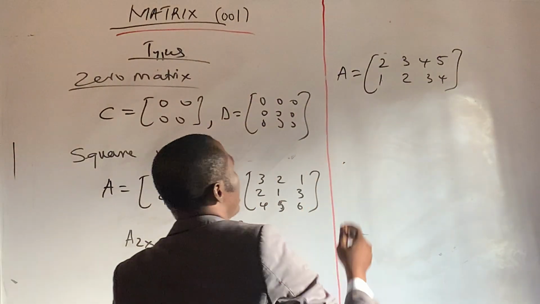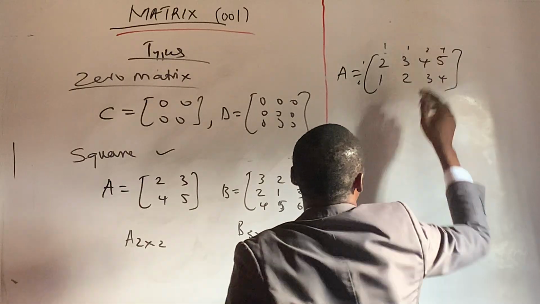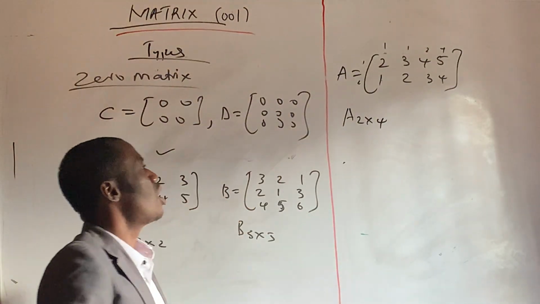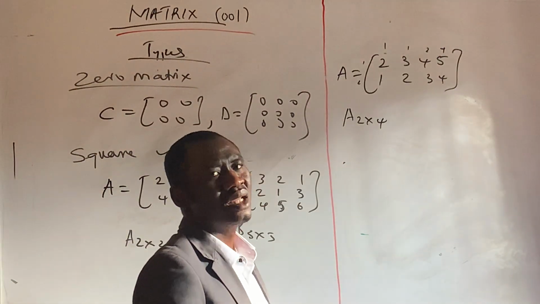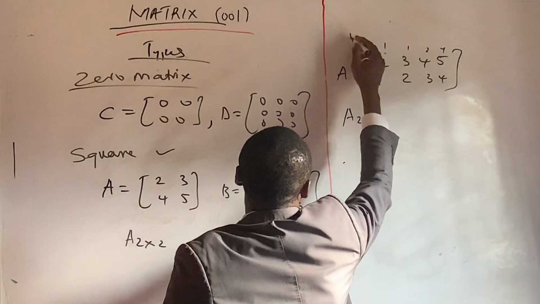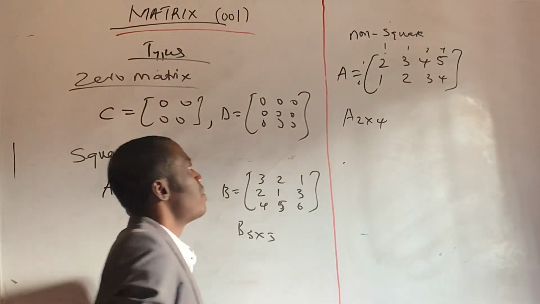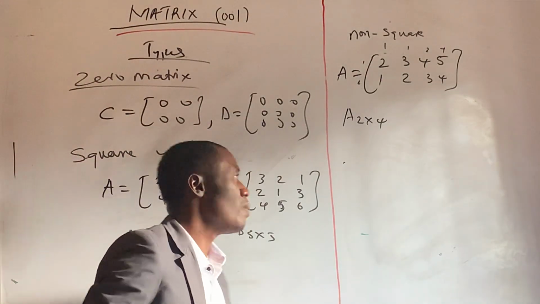Now you see that we have 2 columns, and we have 1, 2, 3, 4, 4 rows. So A is a 2 by 4 matrix. When the row and the column are not the same, it's known as a non-square matrix.